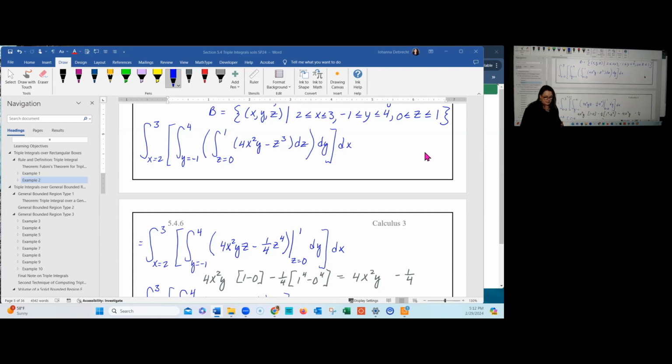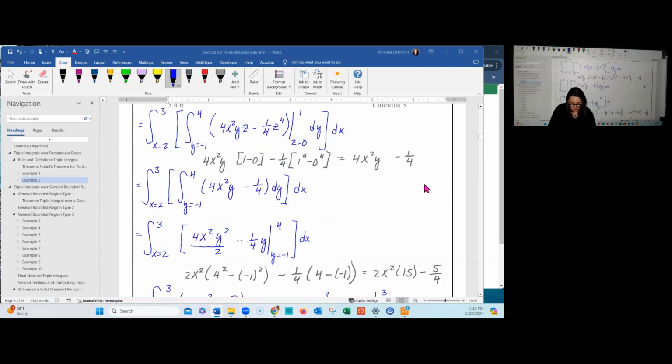I obtained. And then we're going to integrate with respect to y. So we take the new integrand and we integrate with respect to y. The first term, 4x squared y, does have y as a factor. So when you integrate, the 4x squared is held constant, but the y becomes y squared over 2, which gives us 4x squared y squared over 2, or 2x squared y squared.